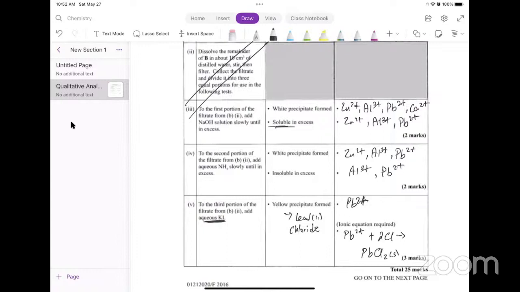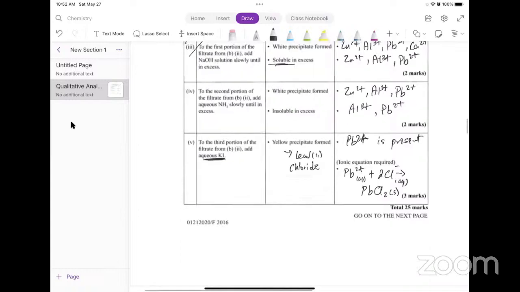That would be your free mark. So 1 mark for saying that lead is present because of the formation of lead chloride, and then you go ahead to show the equation for forming lead chloride.